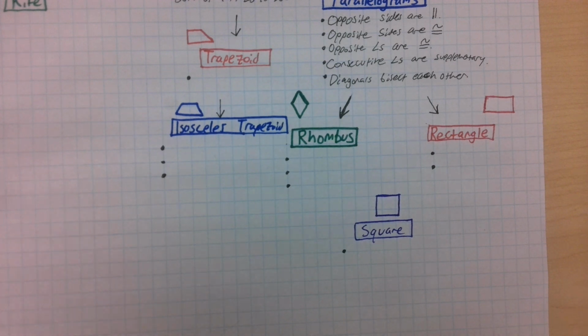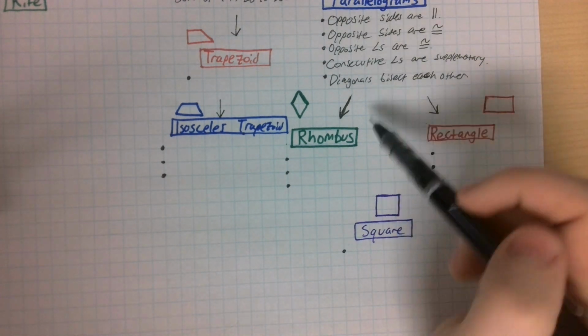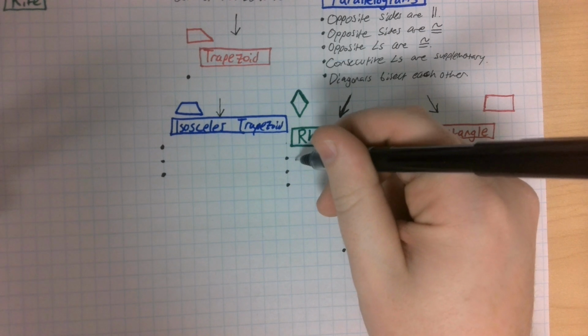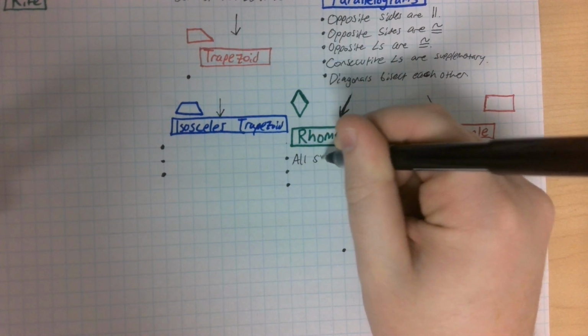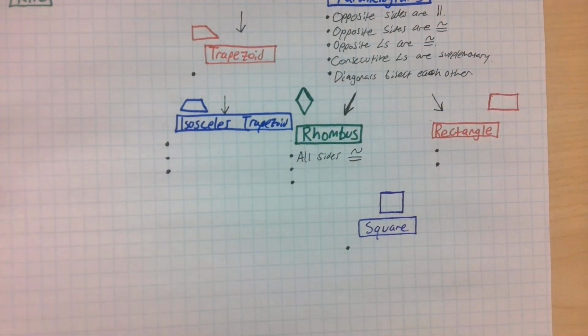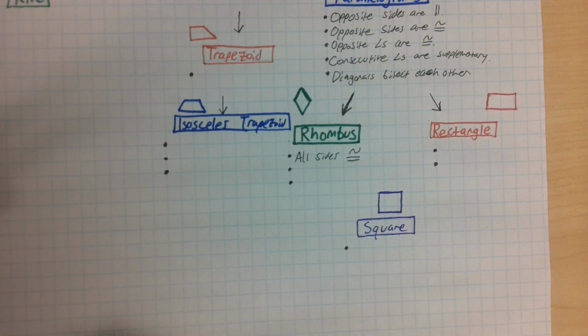Let's talk about rhombuses. A rhombus, or a diamond shape, has its own special properties, but it also shares those of the parallelogram. The thing about a rhombus is all sides of a rhombus are congruent. So in this shape, all 4 sides are the same length.